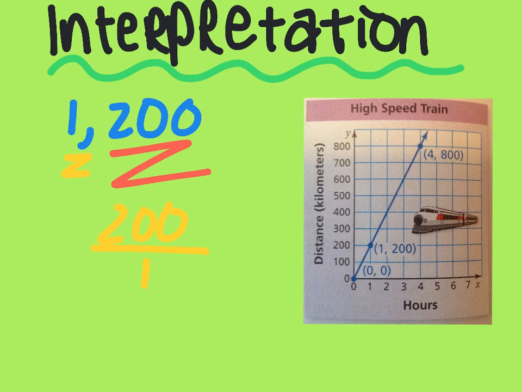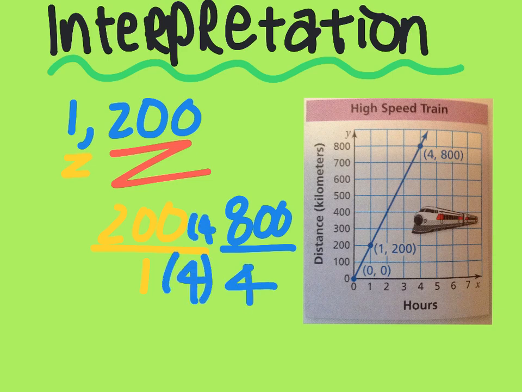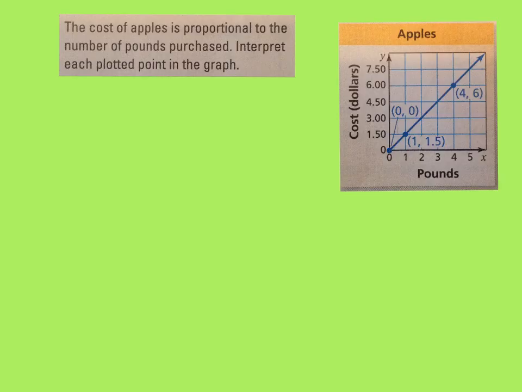So we know that's proportional because 200 to 1, then 800 to 4. This was multiplied by 4, this was multiplied by 4, so they're proportional. So that's how you interpret the points on a plot for a proportional relationship.